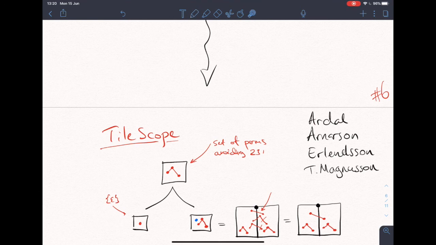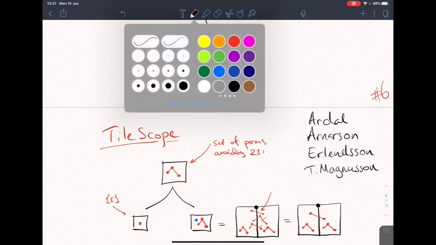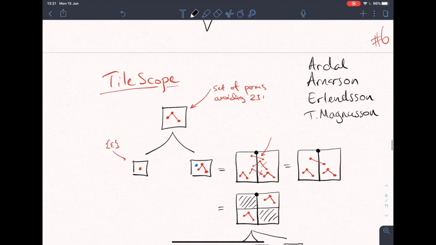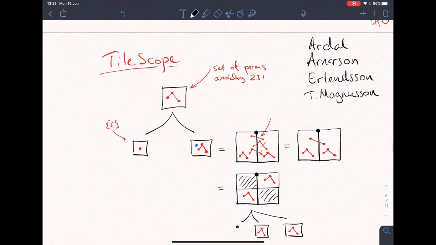What this 2, 1 here really says is the points on the left have to be below all the points on the right. And that leads us to this picture, which you've of course seen multiple times before. We now have 3 independent pieces in this picture, the point, as well as 2 smaller 2, 3, 1 avoiders.